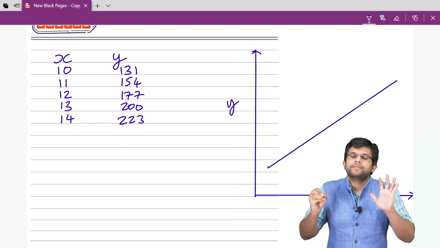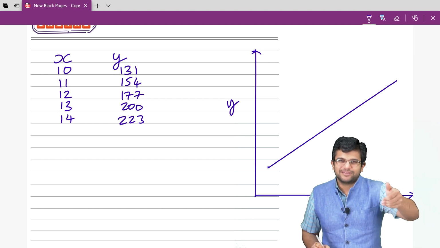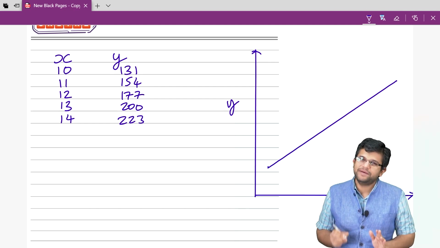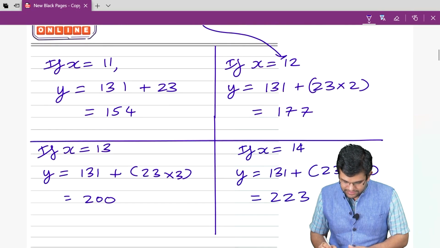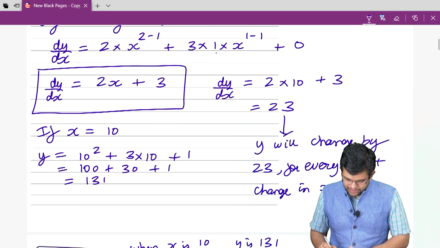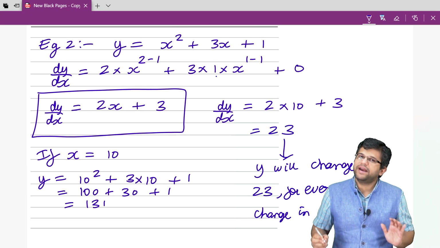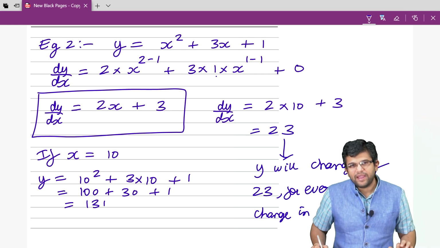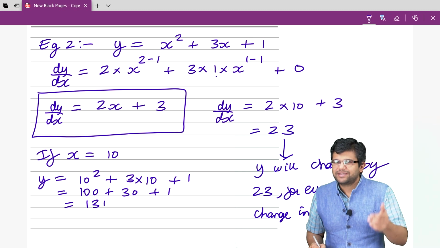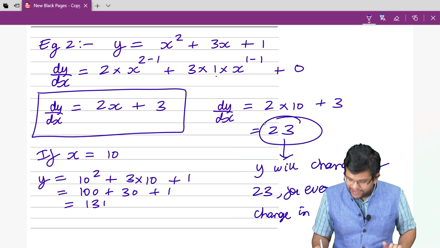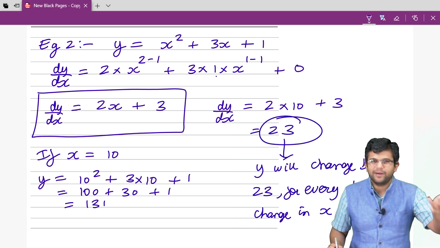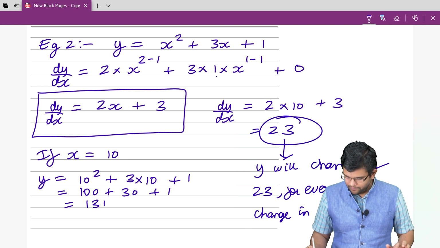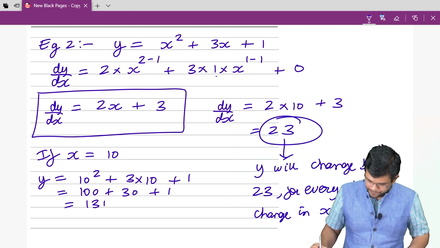Great. Now, children, the concept starts. Please be attentive. Now, see, children, how did I find the value of y at different levels of x? By just taking this 23, that is the derivative function, and applying it on the basis of number of units change in x, correct?